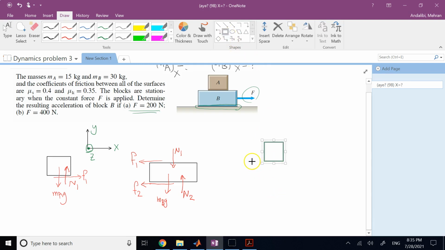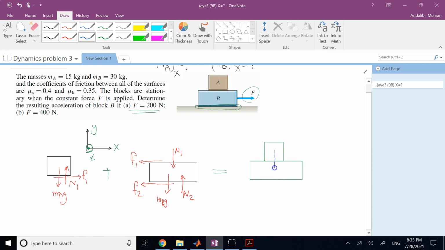On this combined FBD, the advantage is when you combine these two together, the action and reaction forces N1 and F1 on both sides are going to go away.